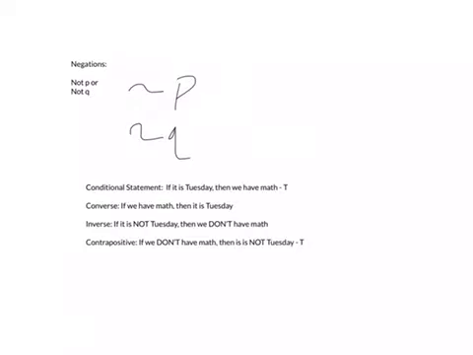However, if the converse is true, then the inverse is also true. So these two are linked, and the conditional statement and the contrapositive are linked. But there's no link between the conditional statement and the converse, or the conditional statement and the inverse, or the contrapositive and those two.